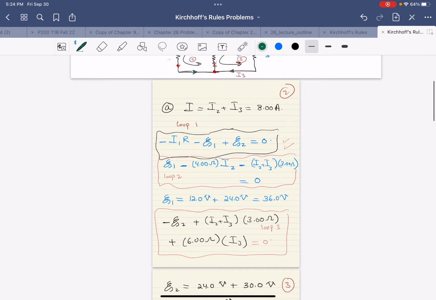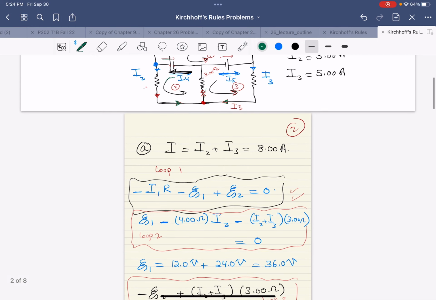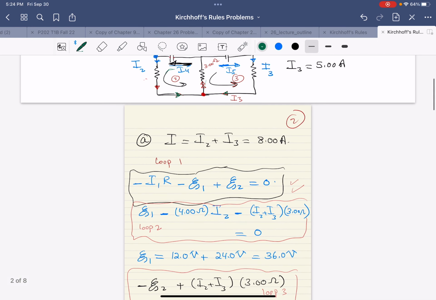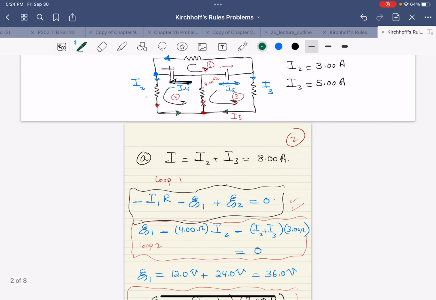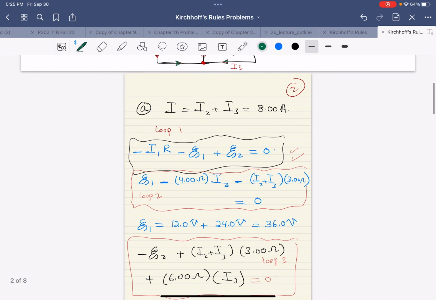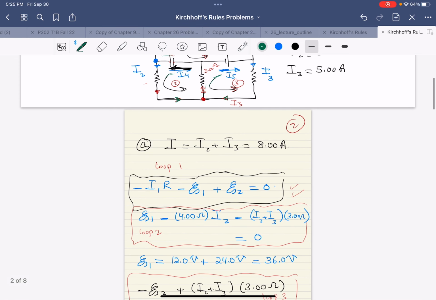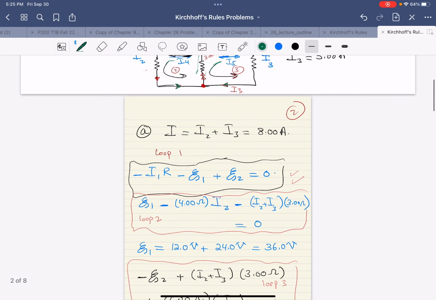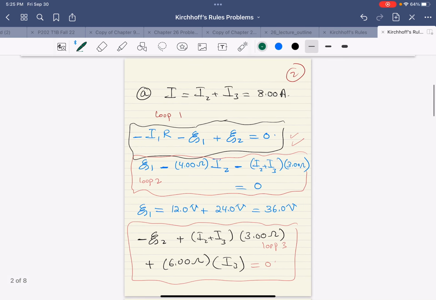I can also do loop number 3. For loop number 3, I'm traveling here. I am going from positive to negative for EMF2, so it's negative EMF2 plus I2 plus I3, because I am going this way along the 3 ohm resistor, and therefore it's positive.